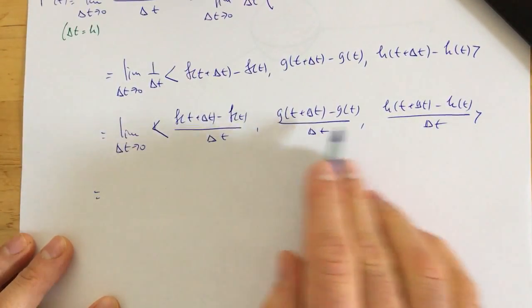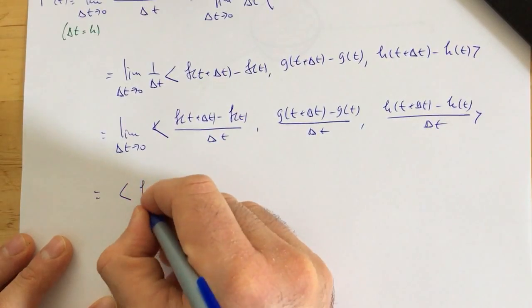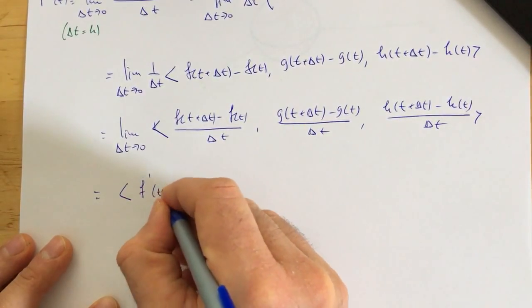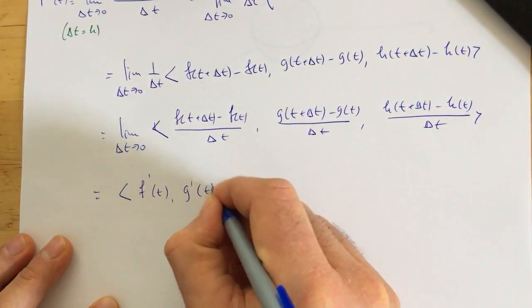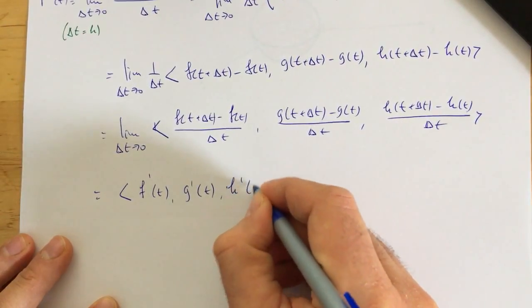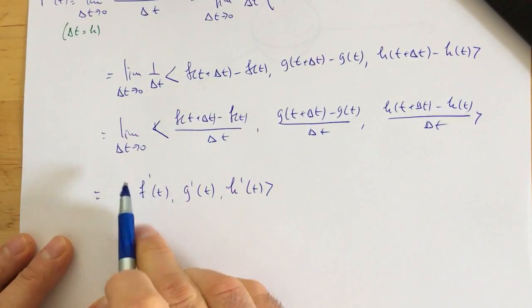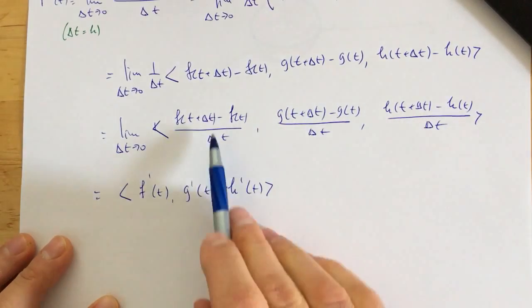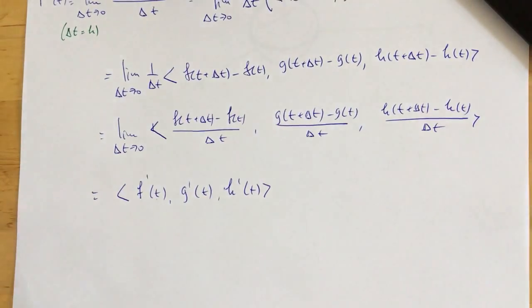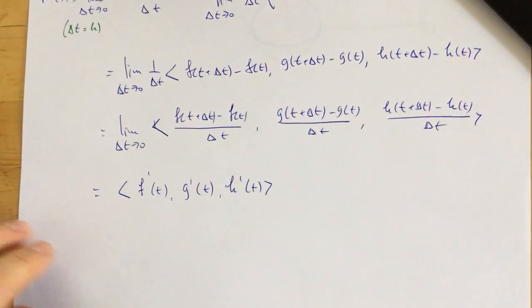And the limit of each component is just going to result in, by definition, f prime of t, g prime of t, h prime of t, right? If you take the limit of each component, that's nothing else but the definition of f prime of t, g prime of t, and h prime of t.